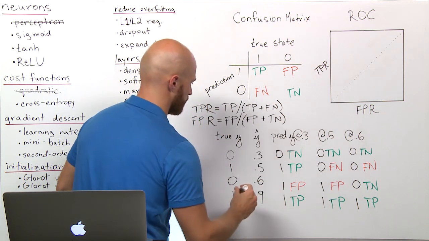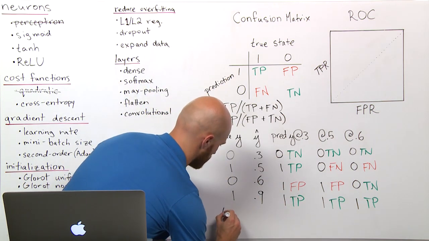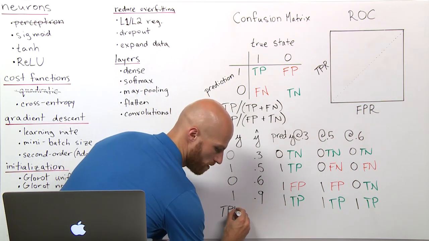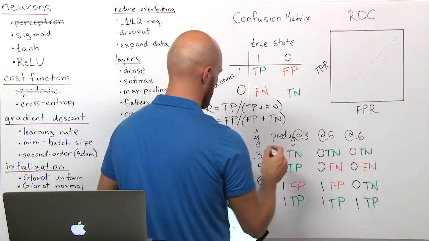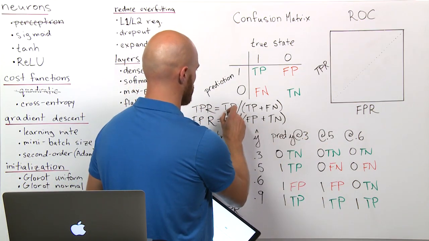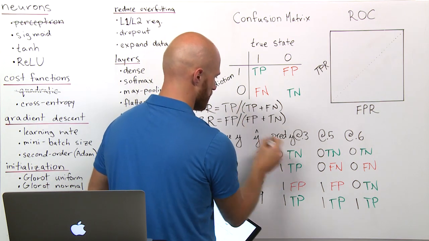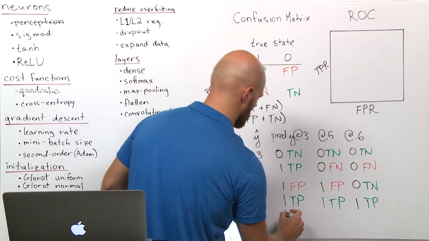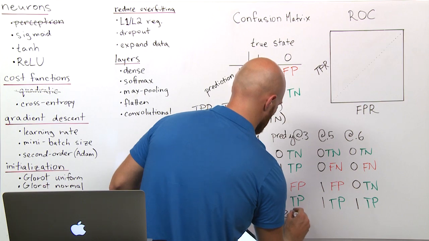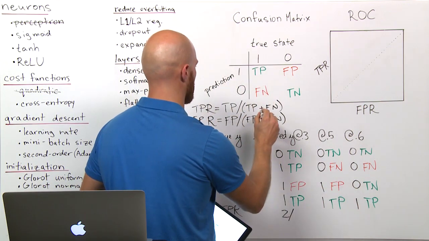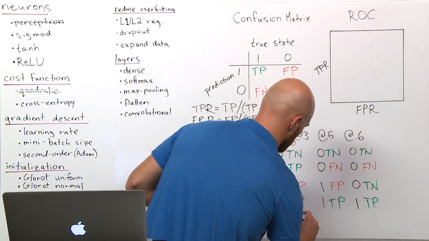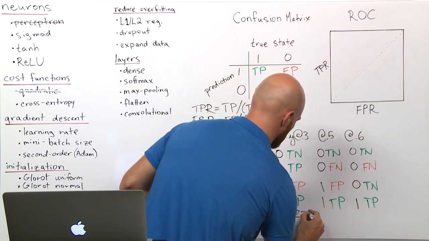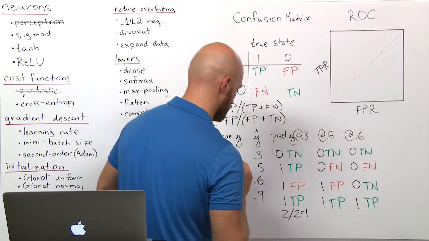So for the true positive rate at all of these three columns, we have 2 true positives divided by true positives plus false negatives. We don't have any false negatives, so we're 2 for 2. So this gives us a value of 1.